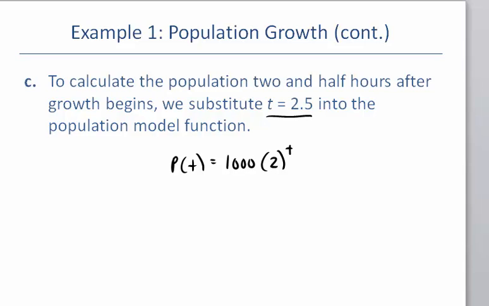I'm going to plug a 2.5 in for the t, and I'm going to solve for the population. Now, the easiest way to evaluate what is on the right-hand side is simply to use your calculator. And so we'll type in our calculator 1,000 times 2 raised to the 2.5 power, and we'll get approximately 5,657 bacteria.